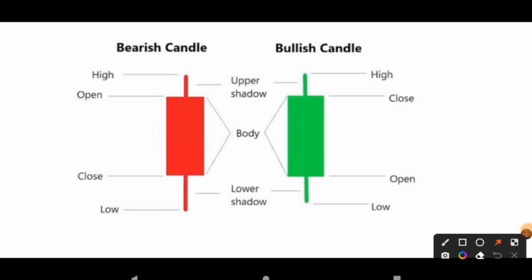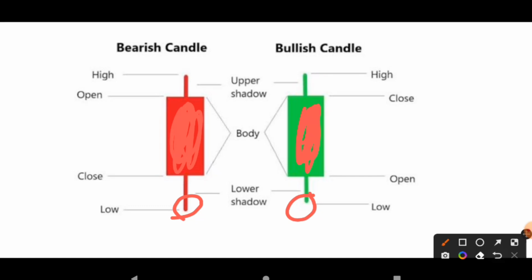The next thing I want to teach you is the body of the candle. We have the body of the candle, which is this. And then we have the shadow. This is the upper shadow, sorry.